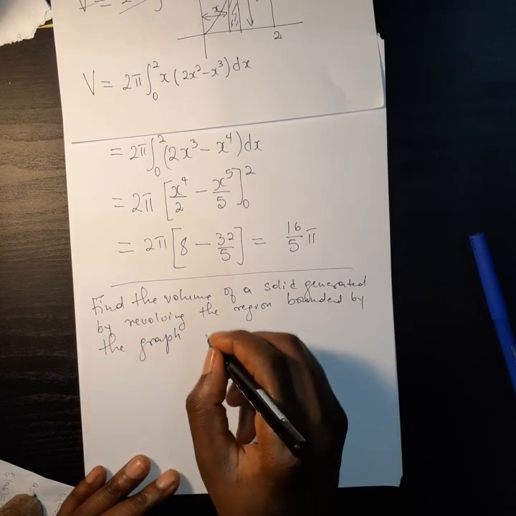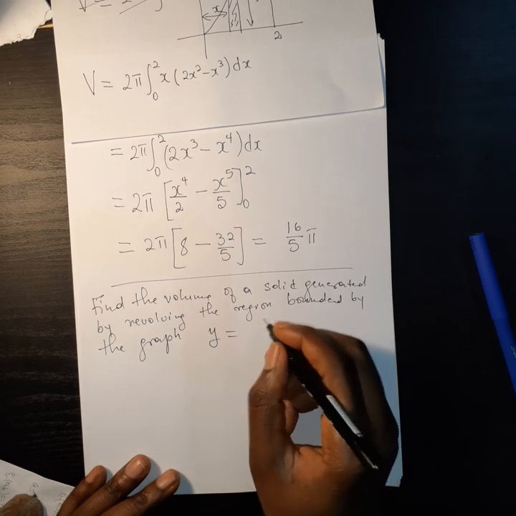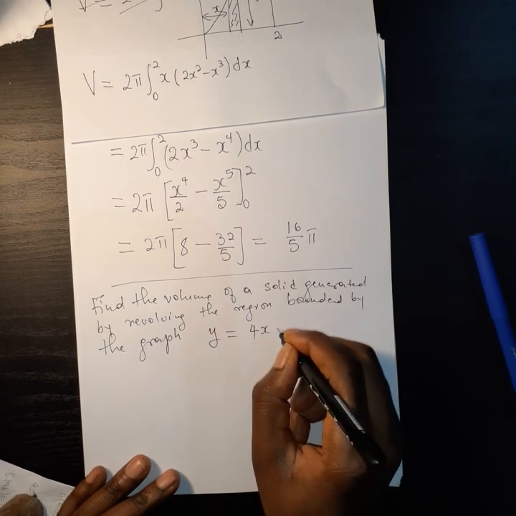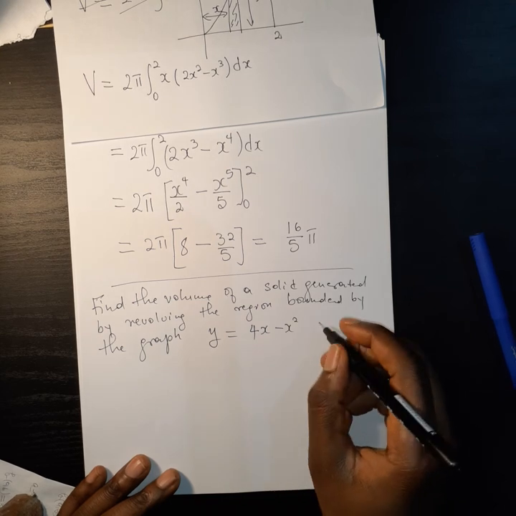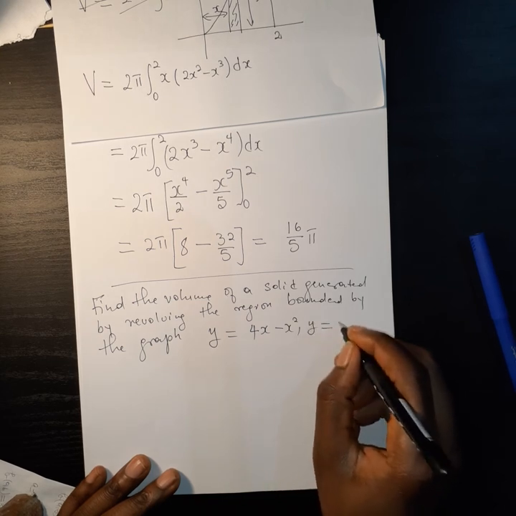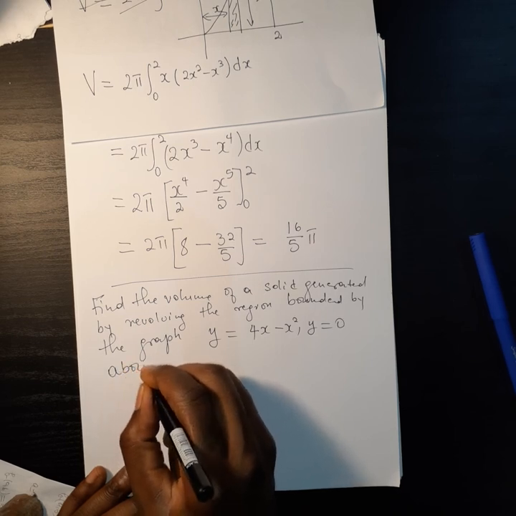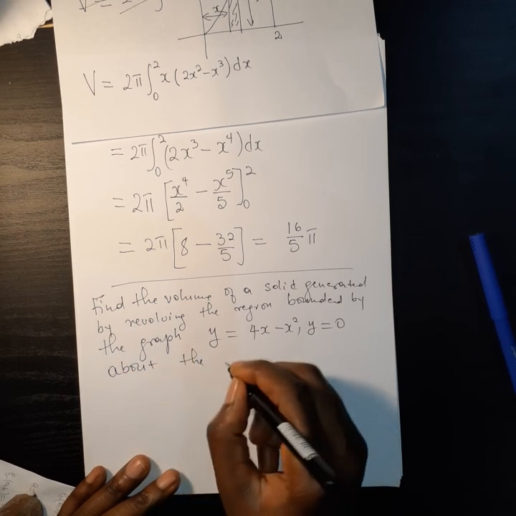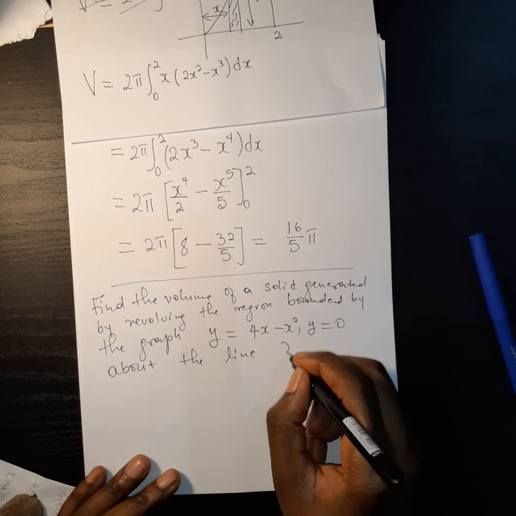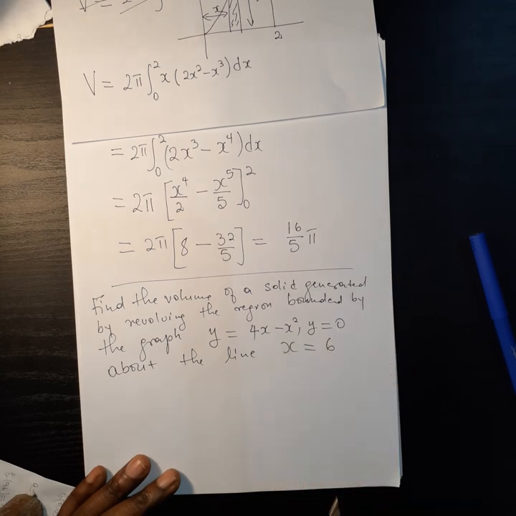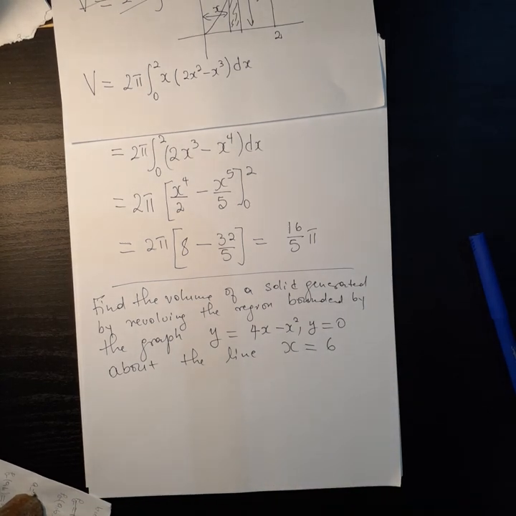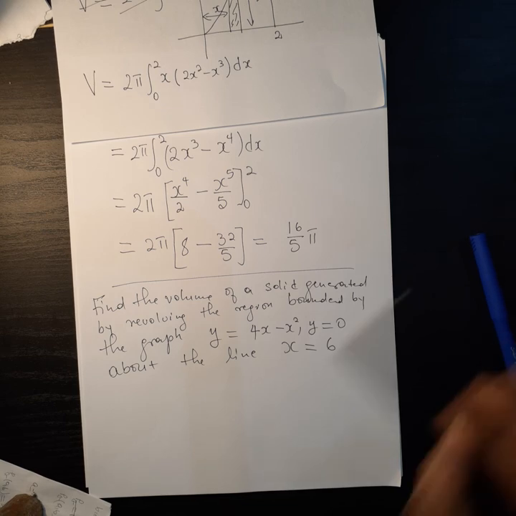Take another one similar to what we've been doing. 4x minus x squared, y equal to 0. Then about the line x equal to 6. About the line x equal to 6.